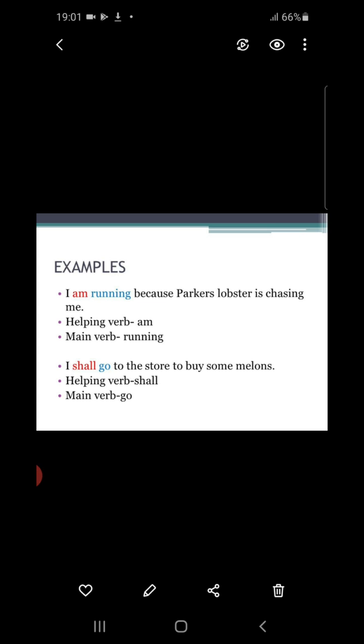Next sentence: I shall go to the store to buy some melons. Where the helping verb is shall and the main verb is go. So here shall is basically helping the main verb go.